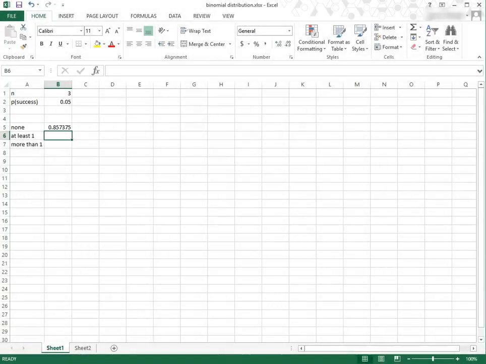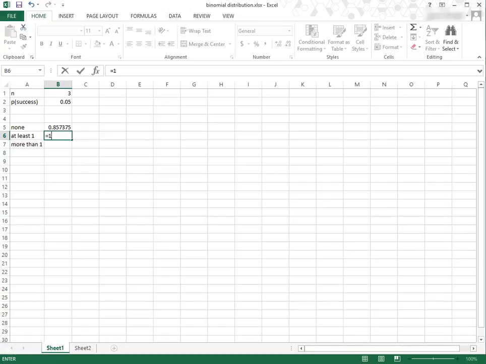Next, we want to find the probability that at least one of the products is returned. To arrive at that probability, we have to consider what we need. So we need to know at least one, which means one or more. There are a couple of ways to do this. The first is to take 1 minus the probability of 0 products being returned. That would return the probability that at least one will be returned.